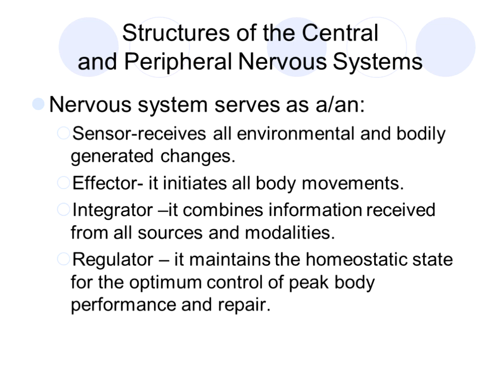So it is an integrator, and then it is a regulator. The human nervous system regulates your body temperature. We call this homeostasis. And so when somebody gets sick, your temperature goes up.